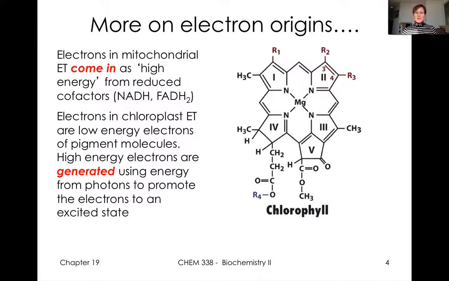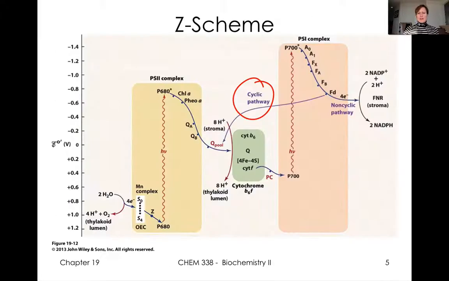In chloroplast electron transport, the low energy electrons are what we start with in the chlorophyll pigment molecules. They become high energy using photons of light. And so we generate those high energy electrons.